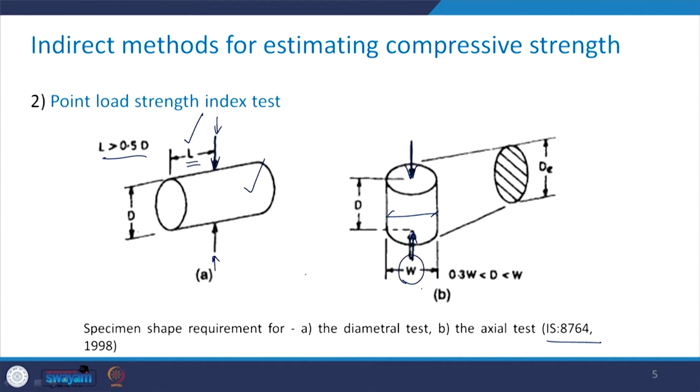There is a relationship between D and W, and it should follow this, that is, this dimension D should be in between 0.3 W to W. So, if this is not satisfied, then the value that you will get from the point load strength index test cannot be used for the determination of the compressive strength.